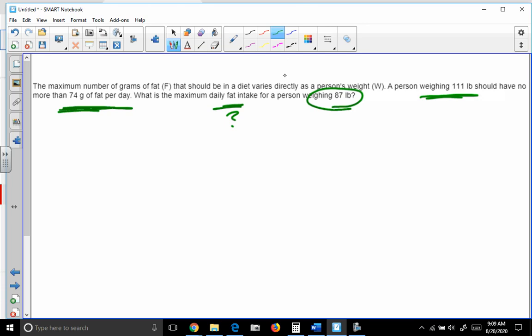So we're told that it's a direct variation, that they vary directly. So if variables vary directly, instead of k over x, it's k times x. So if it's direct, it's a product of the constant and x. If it's inverse, it's the quotient, k over x.